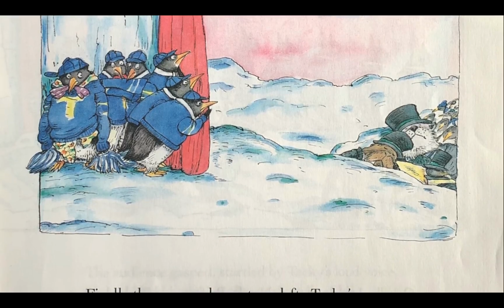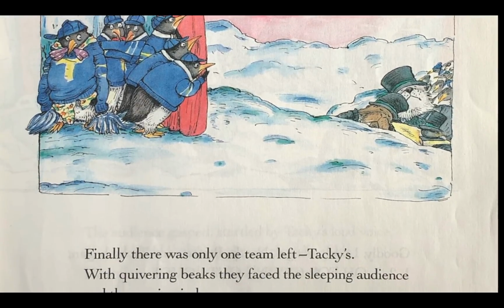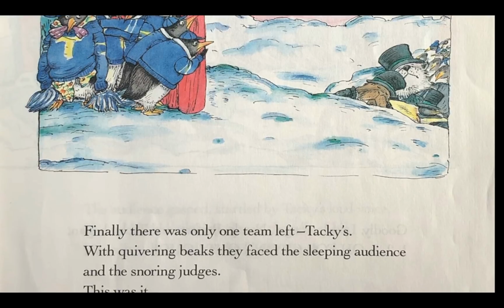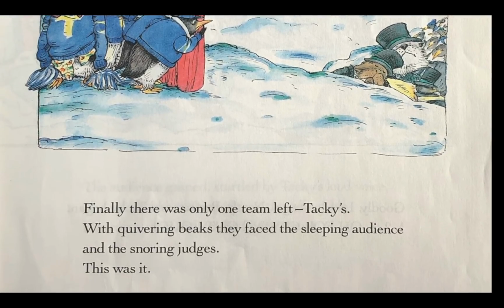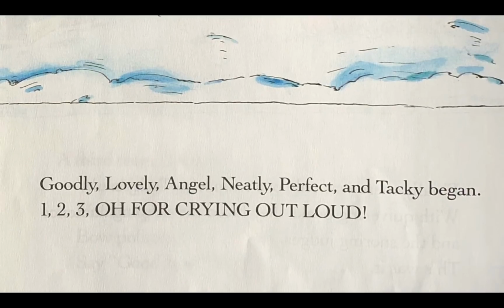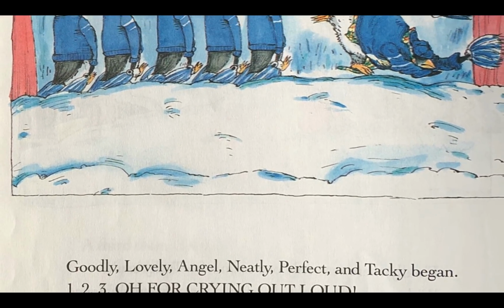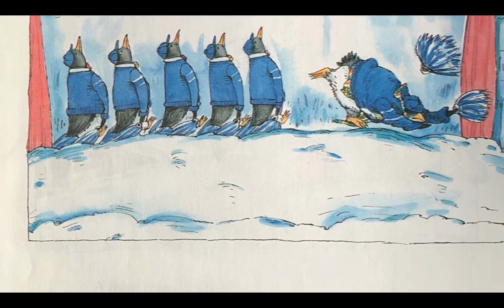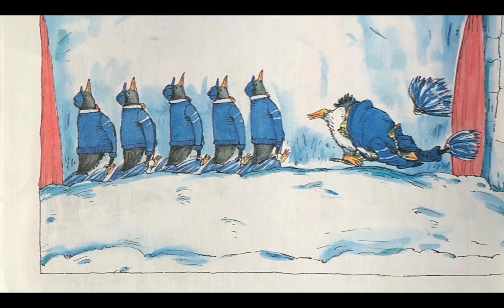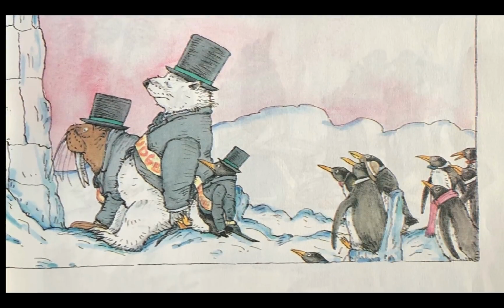Finally, there was only one team left, Tacky's. With quivering beaks, they faced the sleeping audience and the snoring judges. This was it. Goodly, Lovely, Angel, Neatly, Perfect, and Tacky began. 1, 2, 3. Oh, for crying out loud! The audience gasped, startled by Tacky's loud voice.